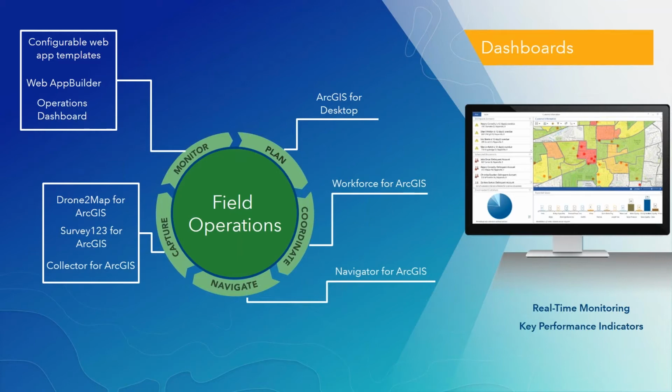It also lets you contextualize your operations by giving you the ability to bring in different data sources, for example, real-time weather feeds that might affect your programs. We also have the ability to create different dashboards or apps that allow us to do QA and QC on our data on the fly and visualize trends in the data so that we can be agile and change as we're implementing our programs.